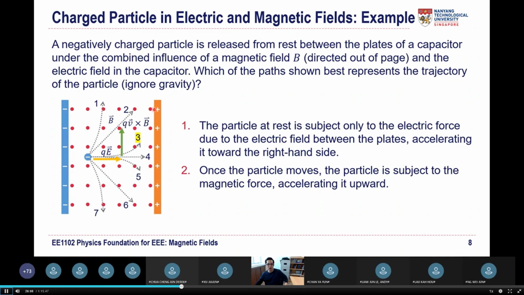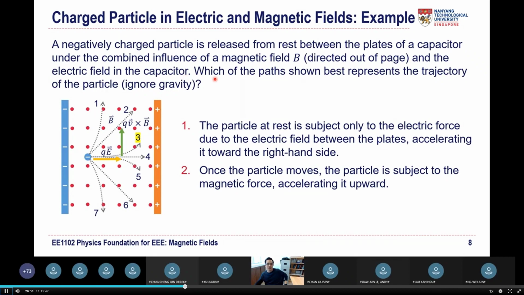The electric field due to these two plates is directed from right to left. Is that correct? Yes. Directed from right to left, so that's E. And then under the combined influence of magnetic field B, which is these red dots. When we have red dots, it's directed out of the page. It's coming out of the page.